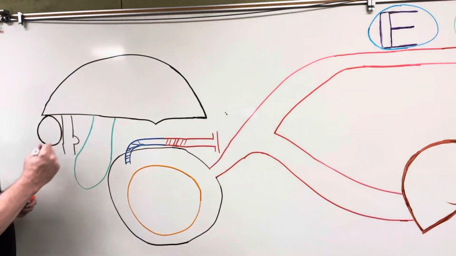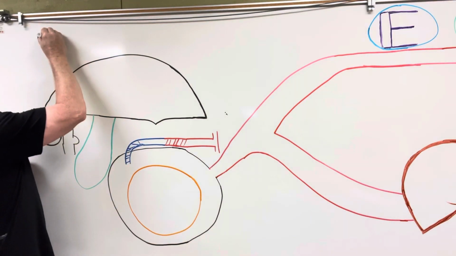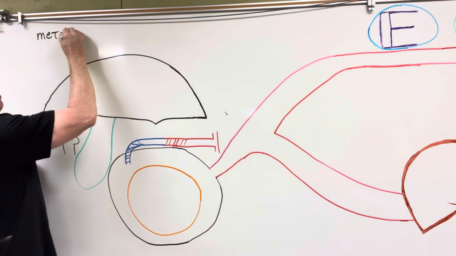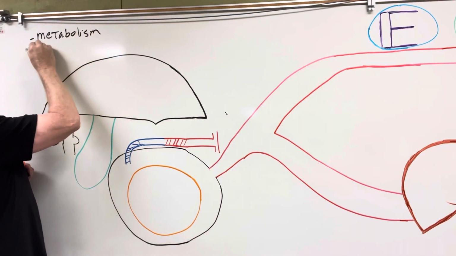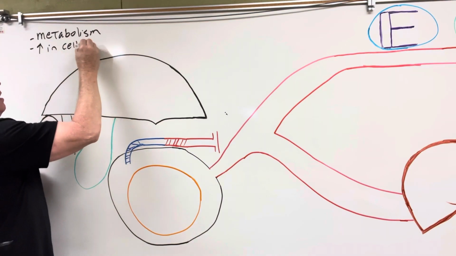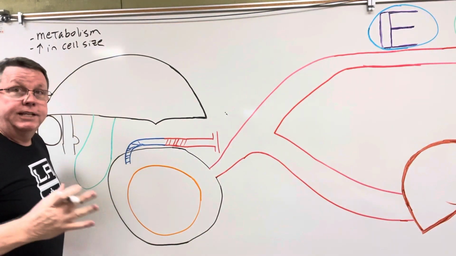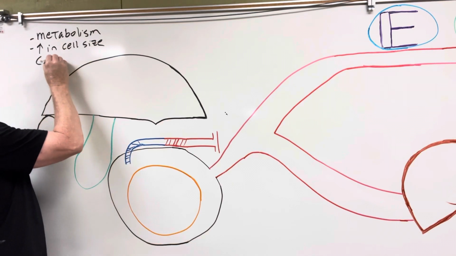First of all, growth hormone plays a role in metabolism. It's going to cause an increase in cell size. Like the name implies, it's also going to cause an increase in growth, so it's responsible for growth.